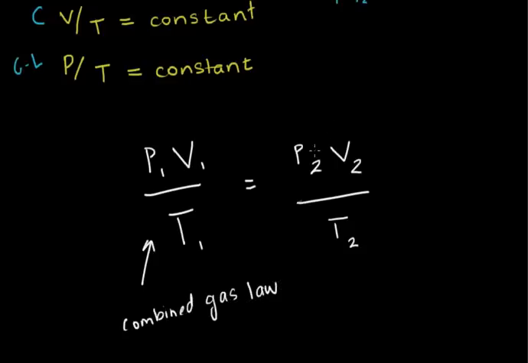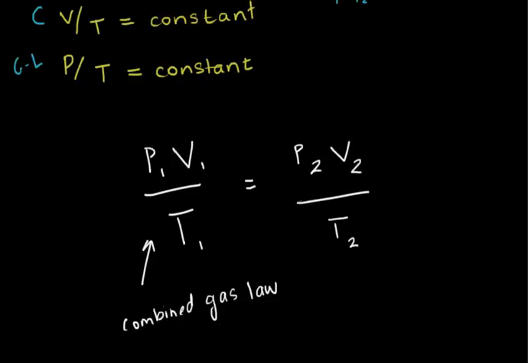Say we have a problem which gives us information about the pressure, volume, and temperature in one state, and the pressure and volume in another state, then we can find the temperature. So given 3 of these variables and 2 of these variables, we can always find the missing one. Say we're told that pressure in a system is kept constant, and we're only dealing with volume and temperature on both sides of the equation.